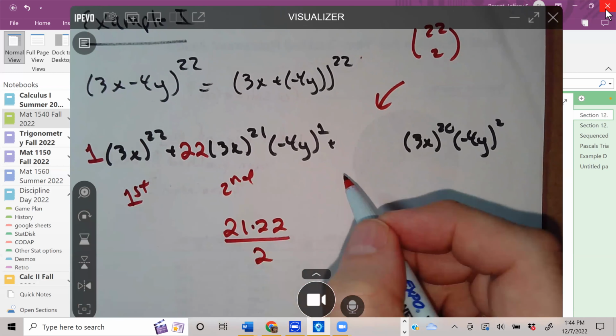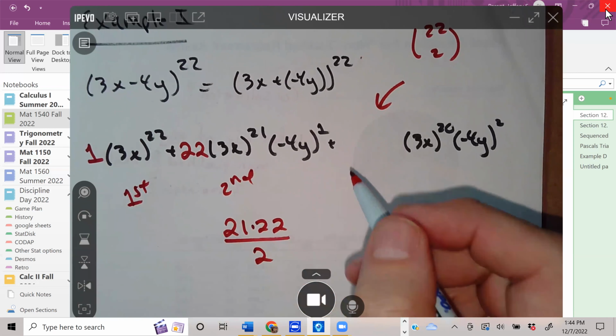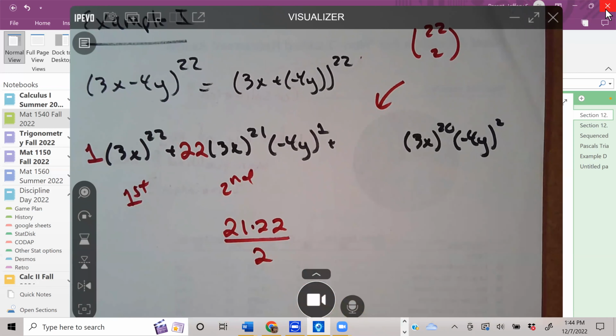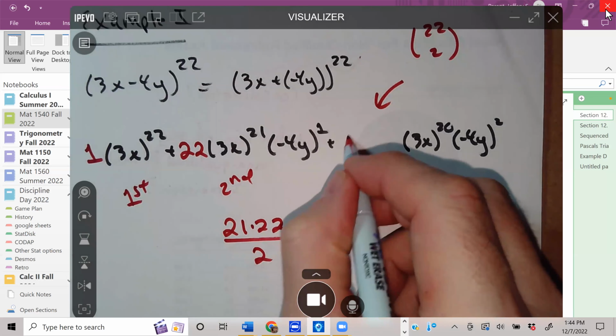And I think we're back to one that we've done before. We kind of did one just like this just a minute ago. But that's going to be 231 here.